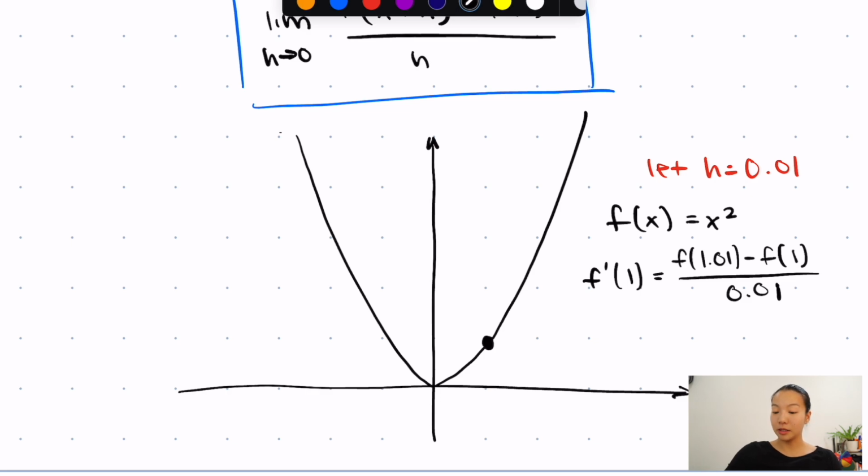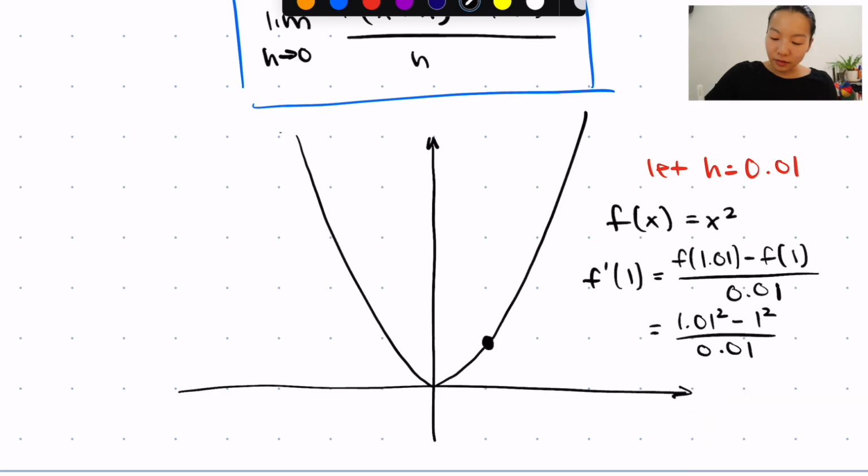And that's an approximation. So we have 1.01 squared minus 1 squared, divided by 0.01. If I use a calculator real quick to do that math, this derivative is 2.01 if I calculate it out this way.